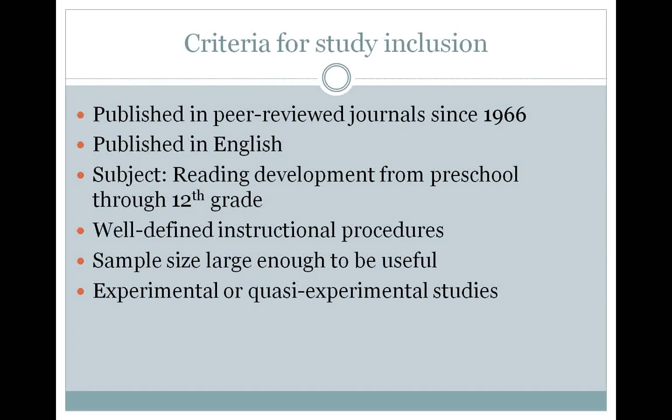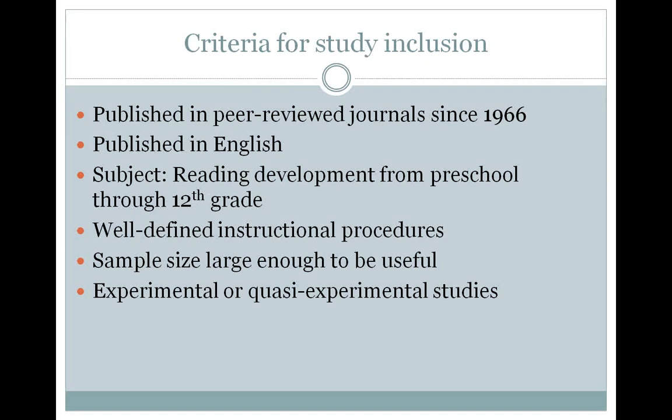So earlier studies weren't looked at. Remember that Jean Chall had done that extensively in 1967. If it also was not peer-reviewed, there was no guarantee that it had been rigorously designed and accepted for publication in a premier journal. It also needed to be a study published in English about learning to read in English.